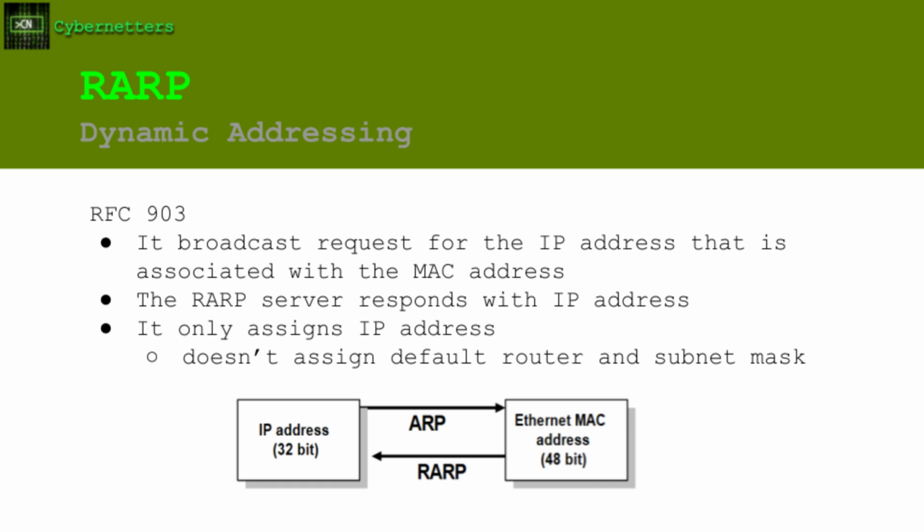However, RARP only hands out the IP address, but it doesn't provide other critical information like the default router or the subnet mask. So, while RARP was a step towards dynamic addressing, it was pretty limited by today's standards. That's why protocols like BOOTP and DHCP eventually took over, because they can supply all the network settings a device needs, not just the IP.